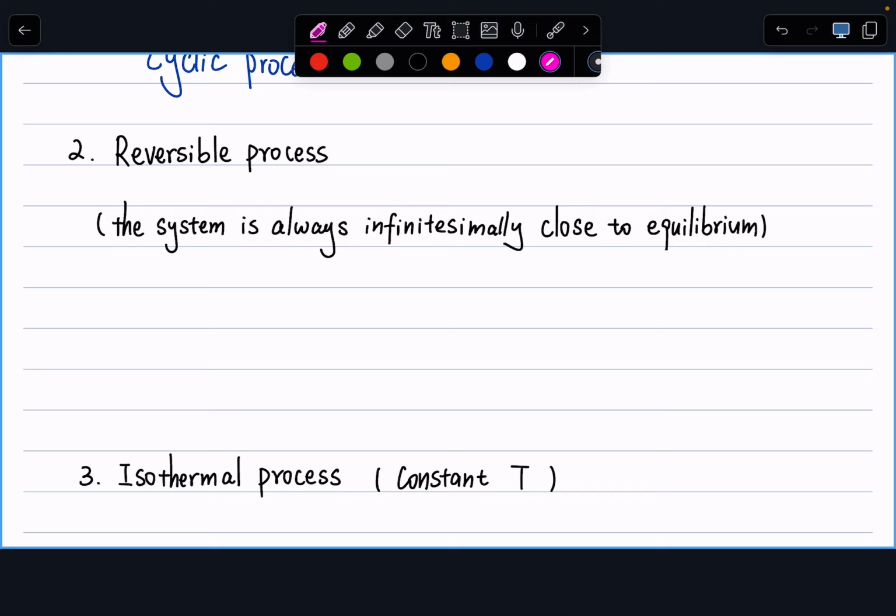For this one, so far we only covered dW reversible equals negative PdV for PV work. There are different types of work on top of PV work. For example, electric work is not PV work, but we have new sets of electrochemistry rules for electric work. But for PV work only, your reversible work equals negative PdV.